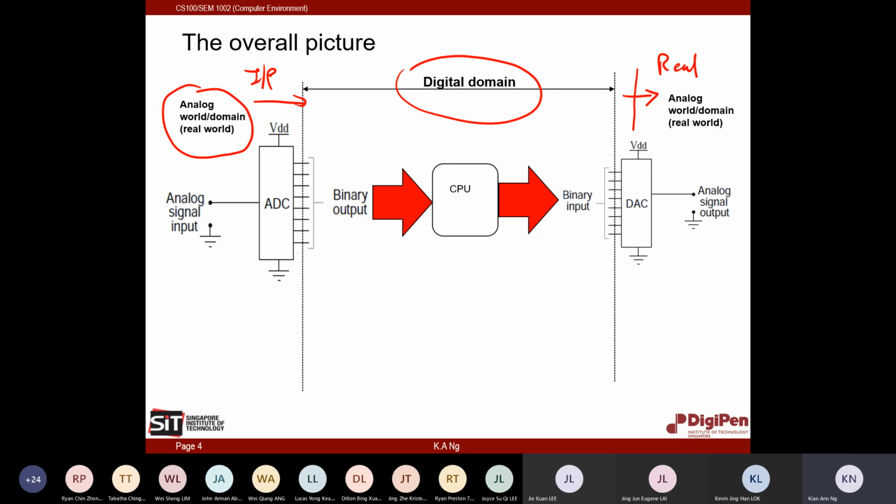Anybody watched this movie Matrix before? Matrix. Anyone? No, huh? Okay. Maybe it shows that I'm too old already. Matrix. If you watch this movie Matrix, this special agent will pick up a phone, and then instantly he's taken back to the real world because his actual world is actually in the digital domain.